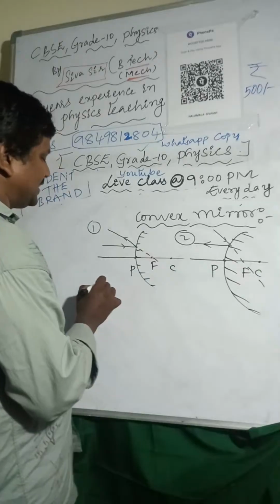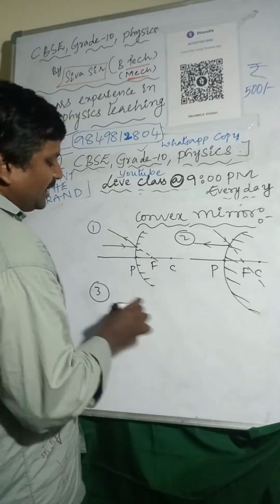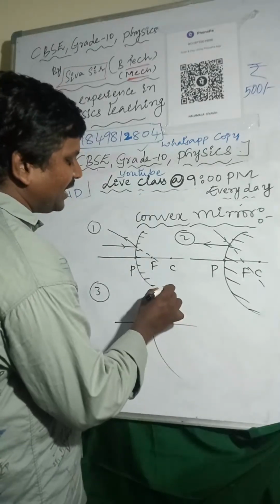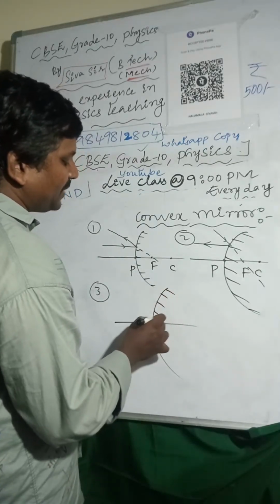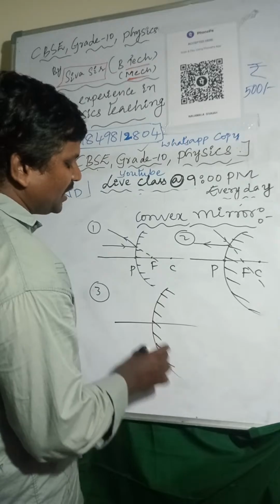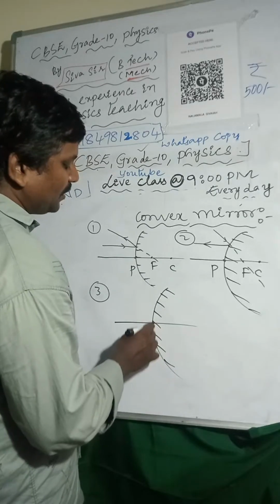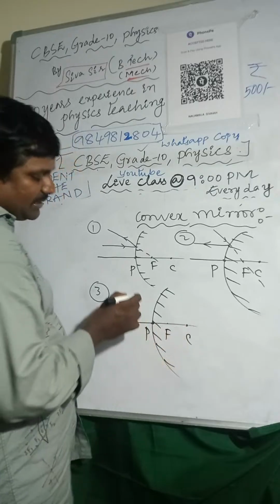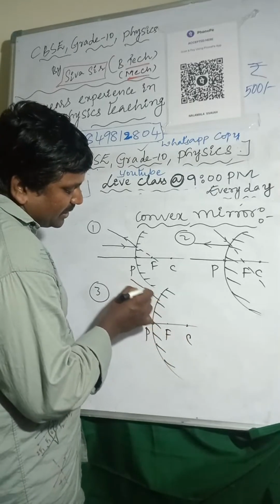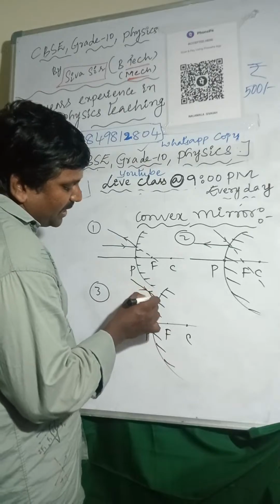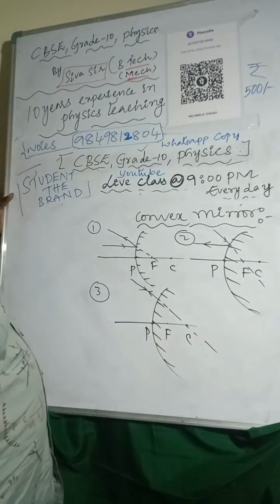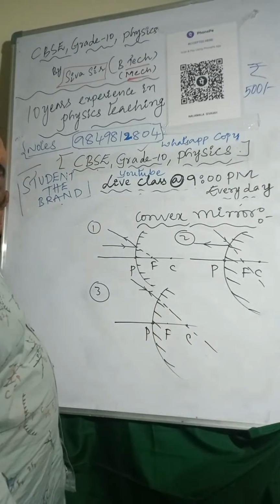The next one: if the light ray is passing through the center of curvature, it retraces its original path.